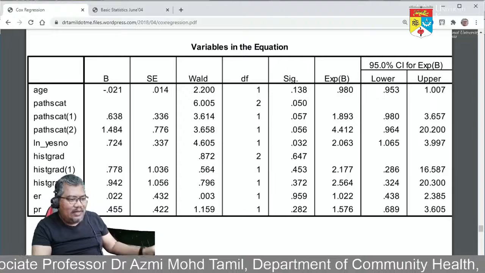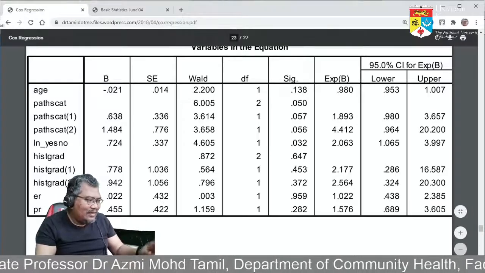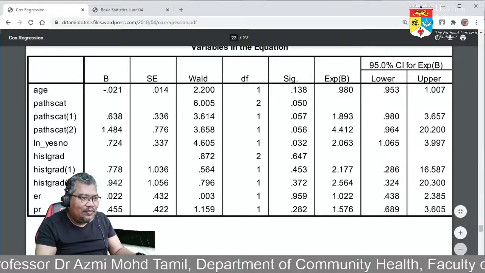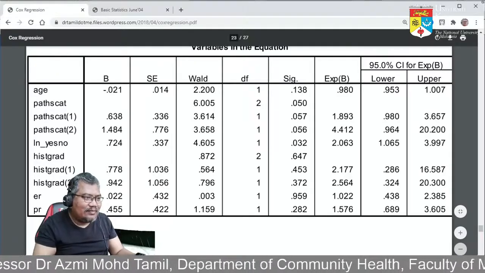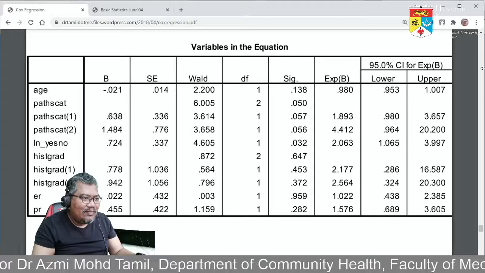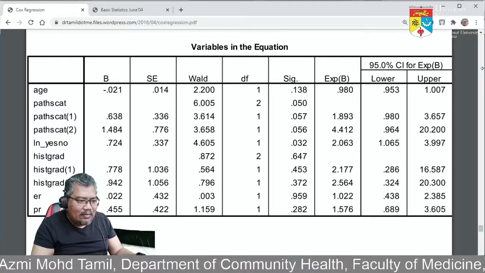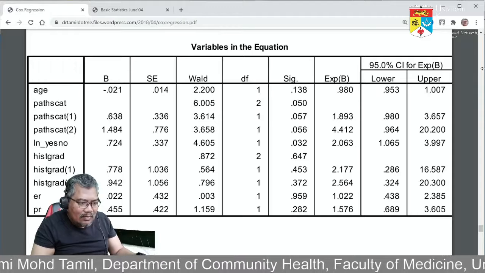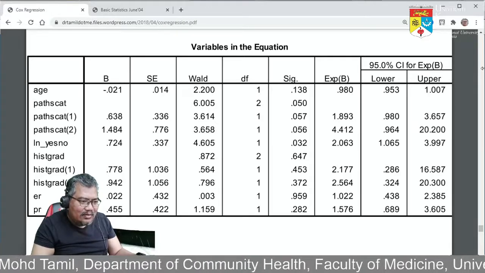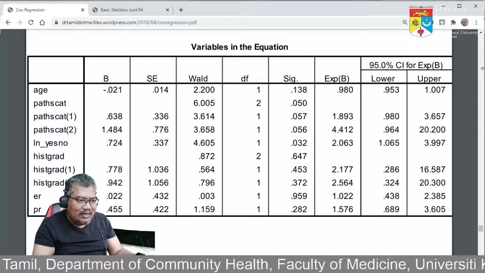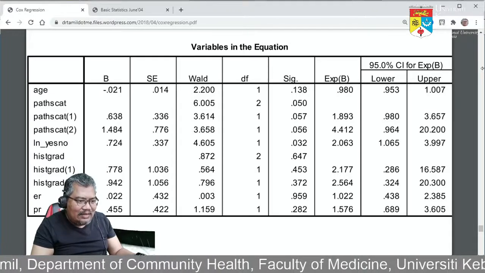Atika, she cannot find the join button. Poor Atika. Wait, let me invite Atika. Request to join. Okay, so Atika, you should be getting a message asking you to join the class.